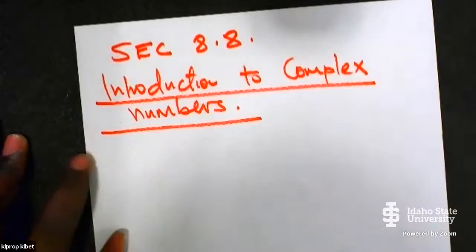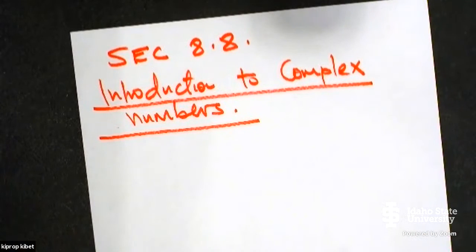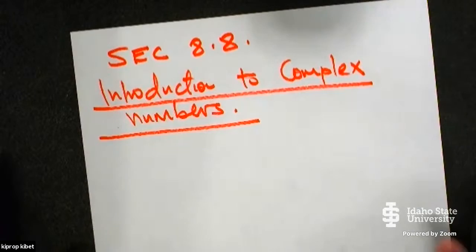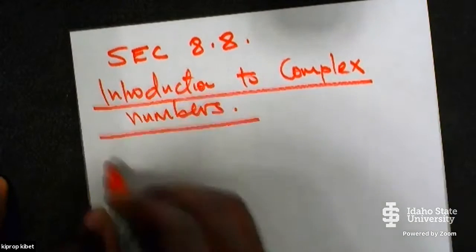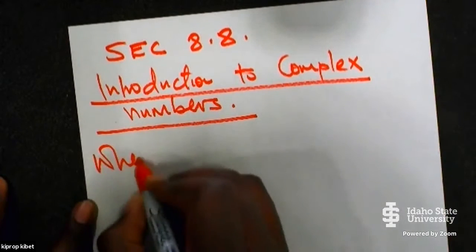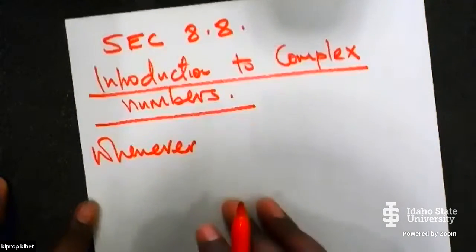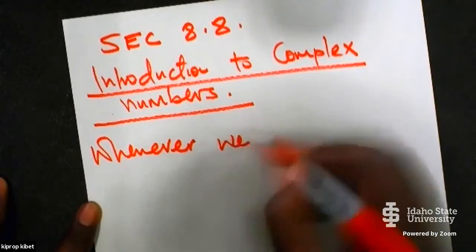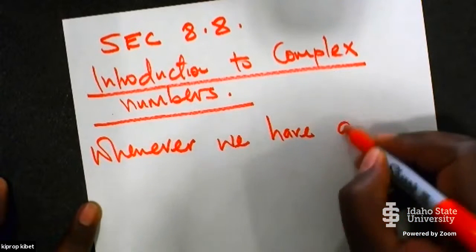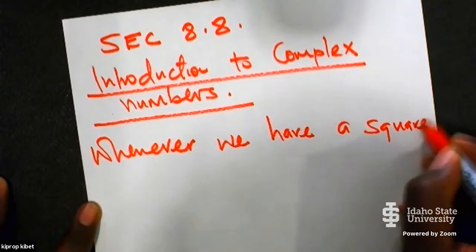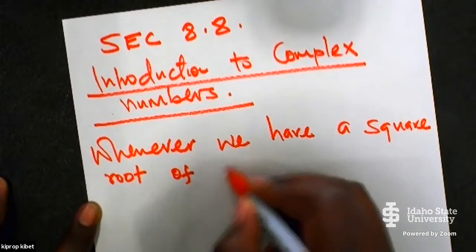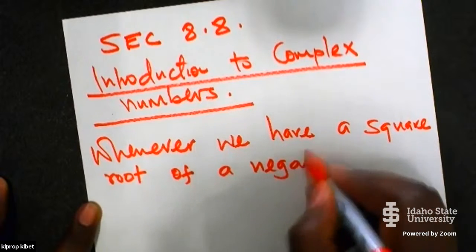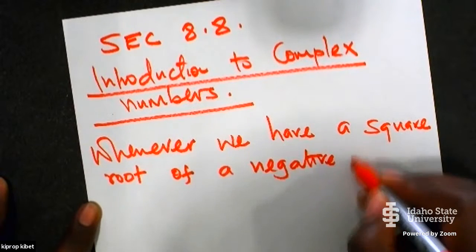So this is a very short topic. We're just doing the introduction to complex numbers. We're not doing much about it. So we can write whenever we have a square root of a negative number.